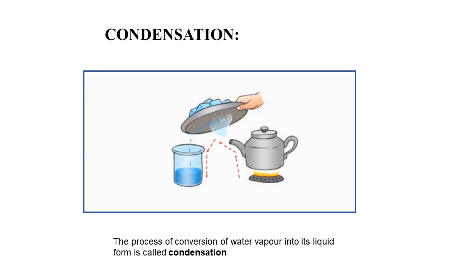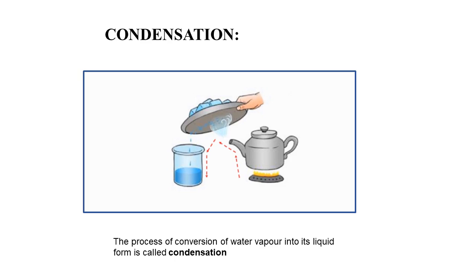While heating the solution in a kettle, we observe that vapor or steam starts to rise from the spout of the kettle. What we then do is allow the steam to come in contact with a metal plate which has some ice on it. Okay, here you can see the picture.